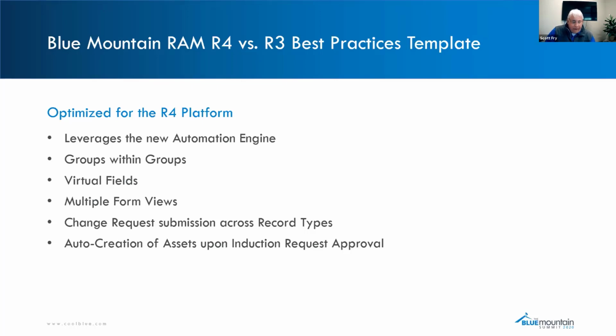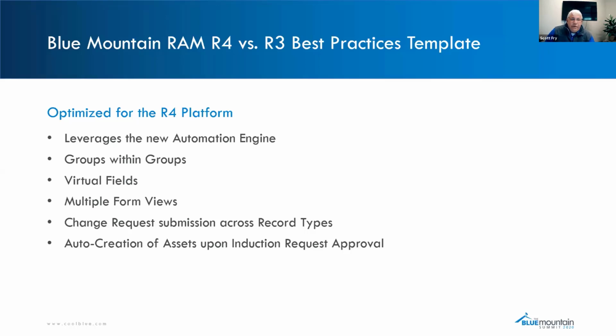Multiple form views. Again, this was really set up for usability, being able to present only the data that you need on your screen. That way we streamline data entry, while still having the ability to switch between different forms. If you want to see all the data on all the records, you still can do that.